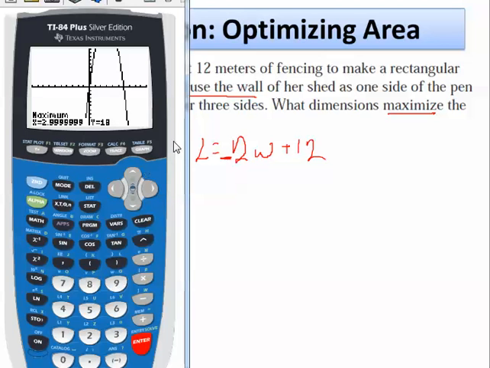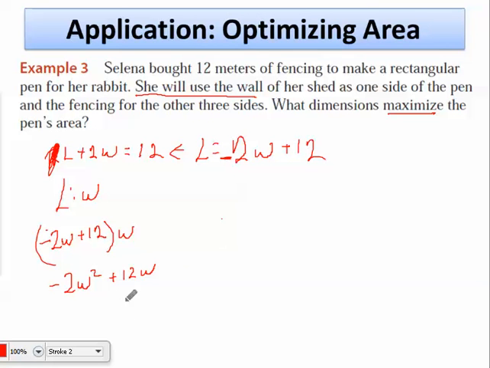And what I come up with is that x equals 2.99, or right at 3, so w will equal 3, and the value of the equation will be 18. The area will be 18 square meters. And 3 meters would be the width.